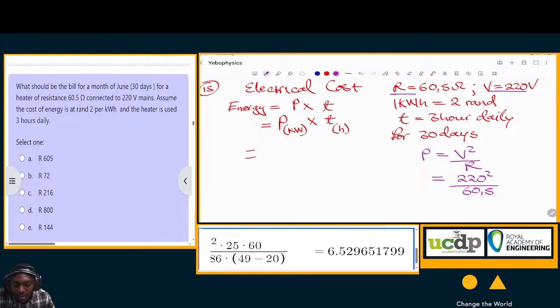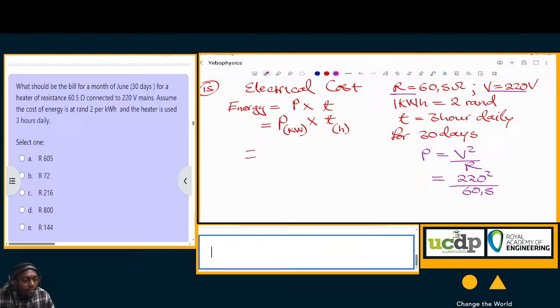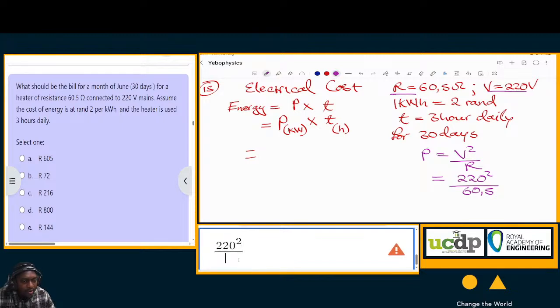So I'm going to punch that quickly. That's 220 squared divided by 60.5, so you get 800 watts.